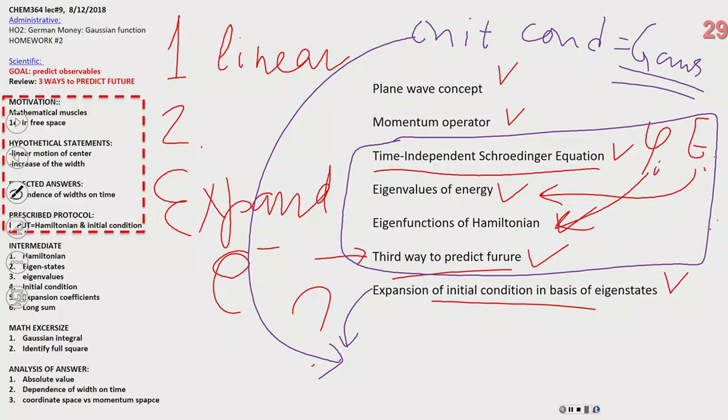So the whole path will be doable and easy if we introduce and discuss the concepts of plane wave, which we kind of touched before, right? And the momentum operator, which is the only equation that we need to use. All others can be done.